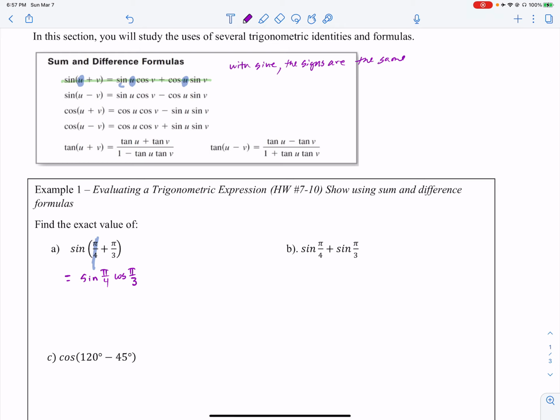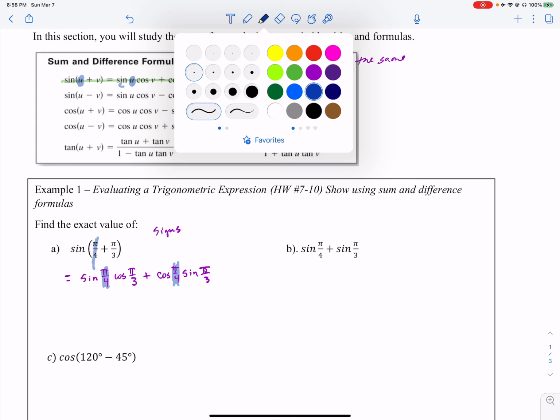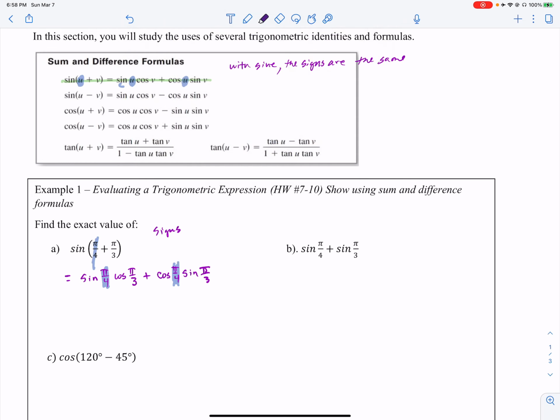And since it's sine, the signs are the same. So since you're adding the angles, you're adding here. But then we switch it up and put cosine first of that pi fourths, and then sine of the pi thirds. So that u, that first angle, goes here, while that second angle is in the second spot.